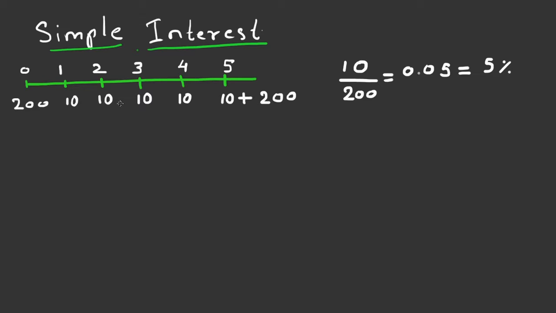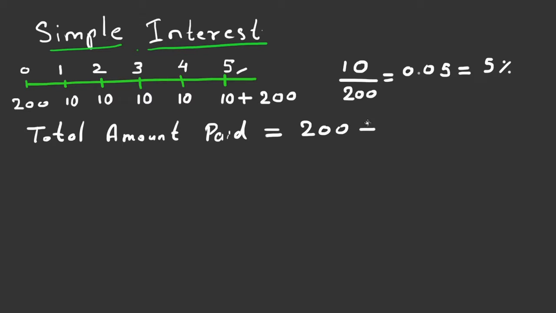Let us consider if the whole amount is paid at the end of the 5th year, then what will be the total amount paid? So I can write the total amount paid at the end of the 5th year is equal to, I know the principal is paid at the end of the 5th year, plus how much interest paid?